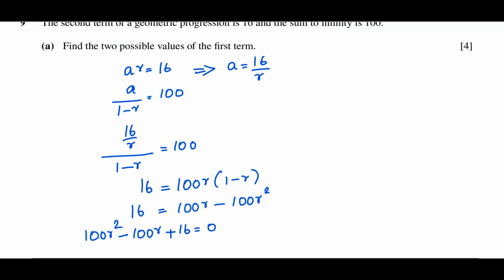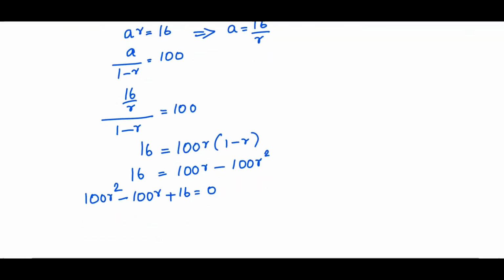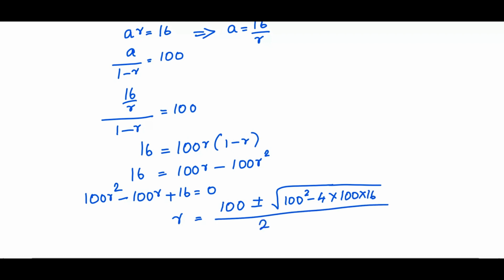Now let us factorize this one. We get the R value, R equal to 100 plus or minus square root of 100 square minus 4 multiplied by 100 multiplied by 16, divided by 2 multiplied by 100.